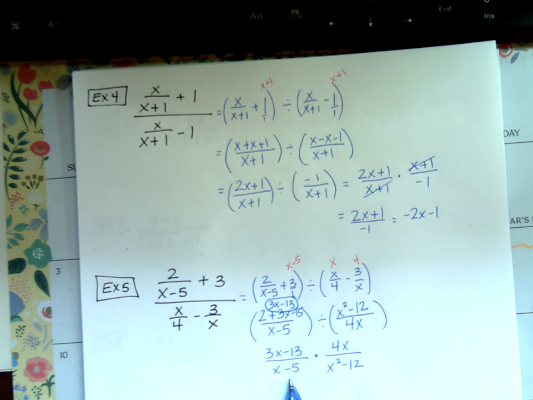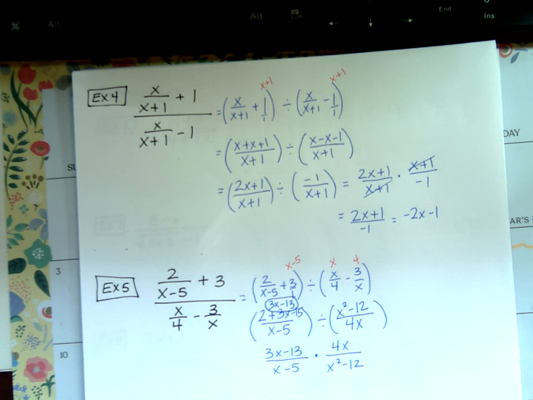I can't just cancel 1 for 1 because this guy's attached with a negative 5. Same thing goes here. He's attached with a minus 12. So the only way to cancel this group is to have a group up top that's x squared minus 12. So the x's, although they've all got an x, you can't cancel that out because some of them are part of a group that can't get knocked out of there.